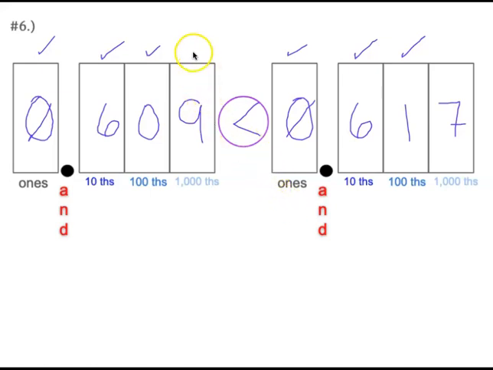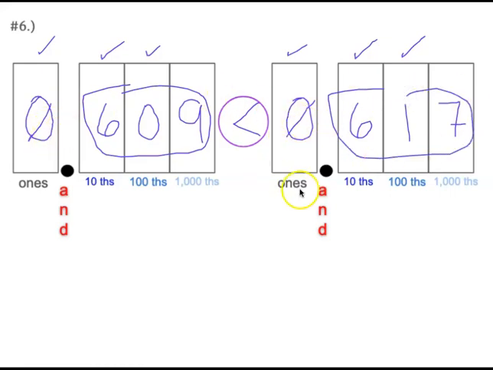But if you needed to, you could look at this as a whole and this as a whole, simply because we only have zeros over here. 609 versus 617. Which one is bigger? This one is. There you go, the old teeth thing.